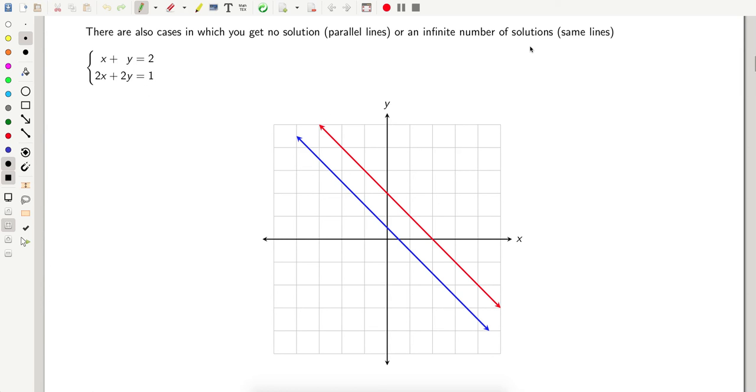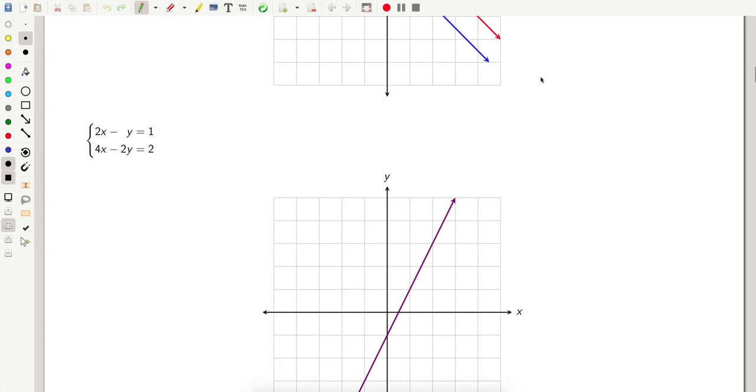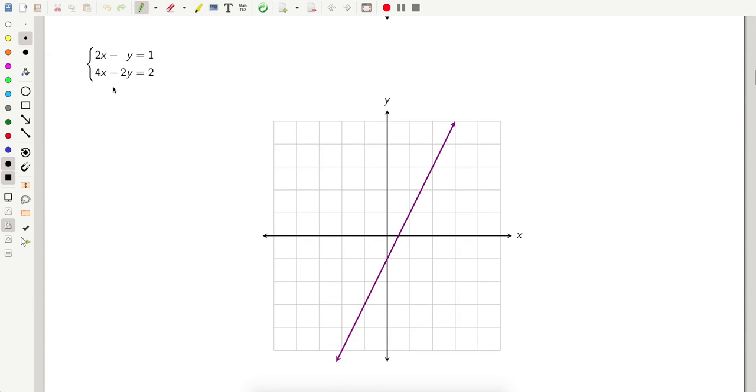Or we can have an infinite number of solutions, where we are actually graphing the same line twice. For instance, we have 2x minus y equals 1, and then 4x minus 2y equals 2. If we graph the first one in red, and then the second one in blue, the blue line lies on top of the red line. I indicated that with purple, since red and blue make purple, at least according to my elementary school art teacher.